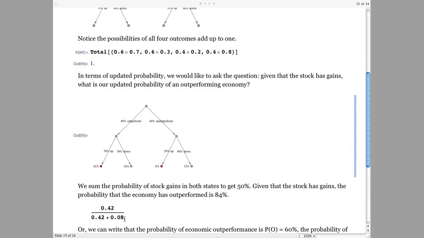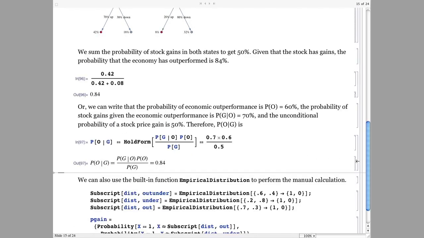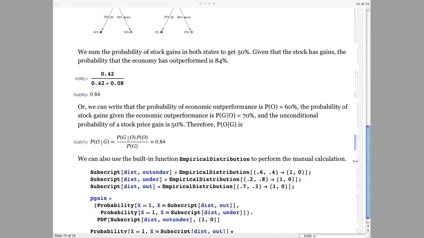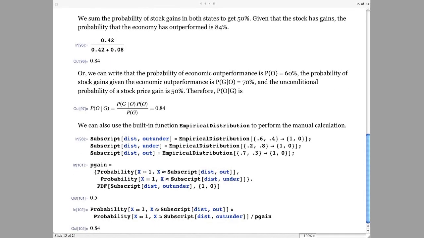Given that the stock has gains, the probability that the economy has outperformed is 84%. Or we could define the probability this way. We can also use the built-in function empirical distribution to perform the manual calculation. Notice results agree.